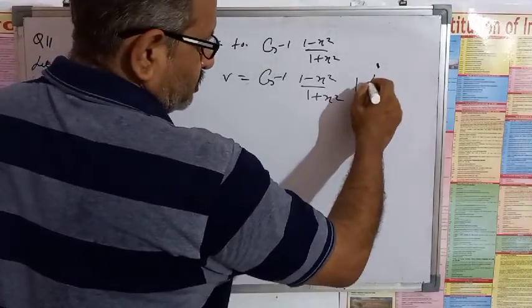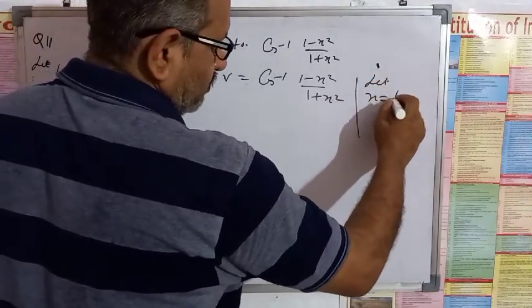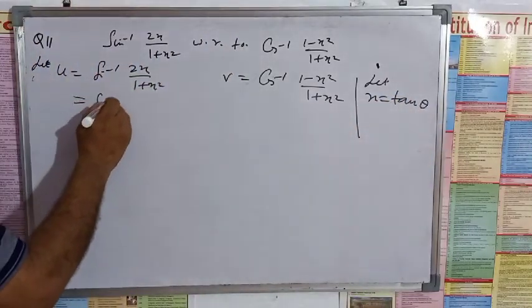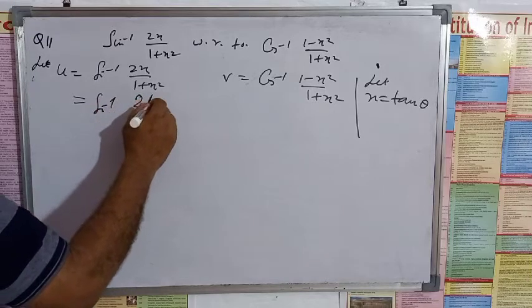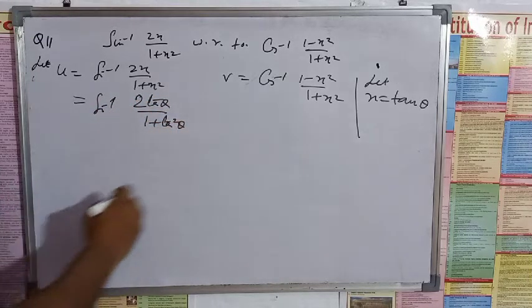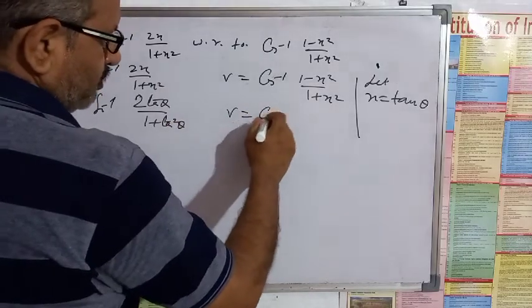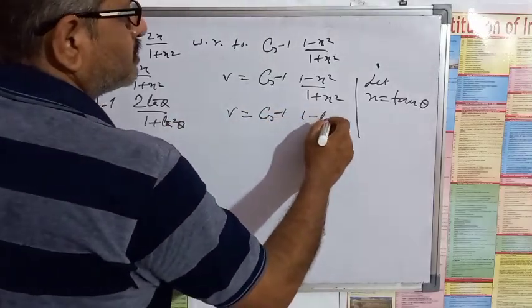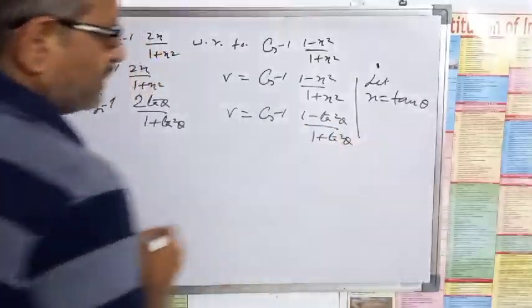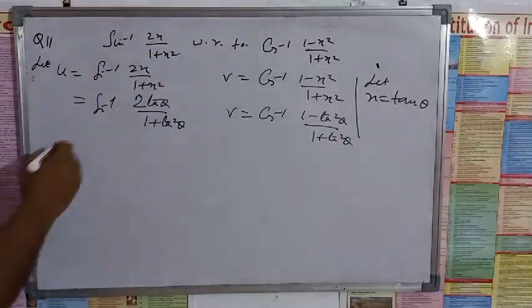So let x is equal to tan theta. So u is sine inverse 2 tan theta upon 1 plus tan square theta, and v is equal to cos inverse 1 minus tan square theta upon 1 plus tan square theta.